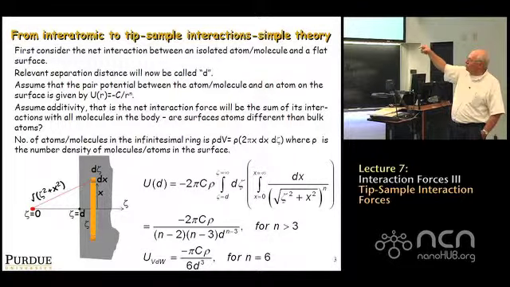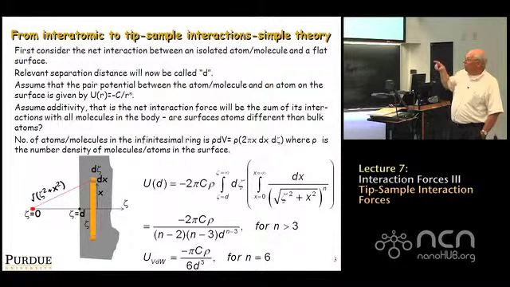Since all the atoms in the ring are at a constant distance from the molecule, which is located at zeta equal to 0, we can write down a simple formula for the interaction of all the molecules in the ring with that one red molecule. That interaction is going to be a constant C divided by r to the n, and r is just the square root of zeta squared plus x squared, as I've indicated.